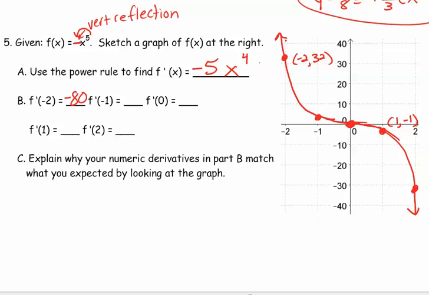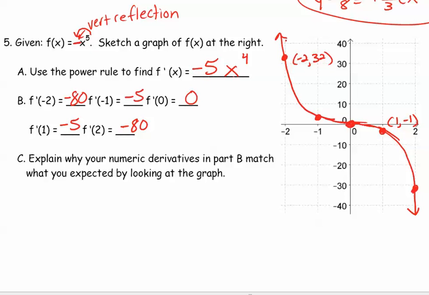And because of the even exponent, we could right away fill in f prime of +2 is also going to be -80. F prime of -1 will be -5 times +1, and likewise +1 would do the same. And f prime of 0, of course 0 to the 4th power will be 0.